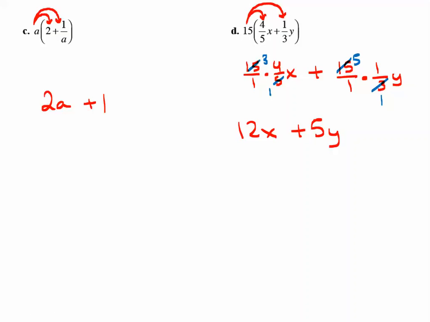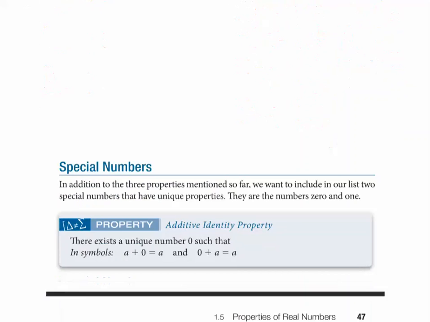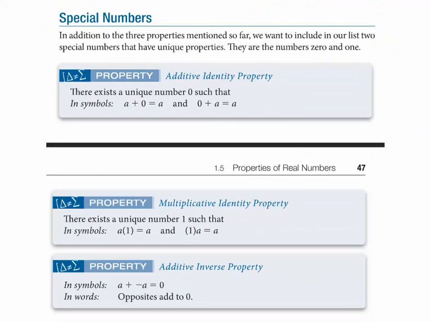All right, let's go on to some more properties, and then we'll work a little bit with that. Some more basic properties here. First of all, something we've seen before, called the additive identity property. It just means this: if you're adding a number with 0, you just get that same number back. Or if you have a 0 and you're adding that number to 0, you still get that same number back.